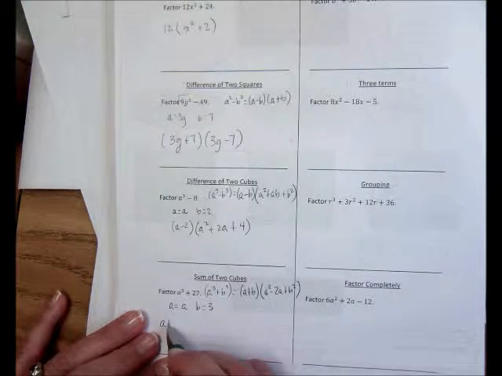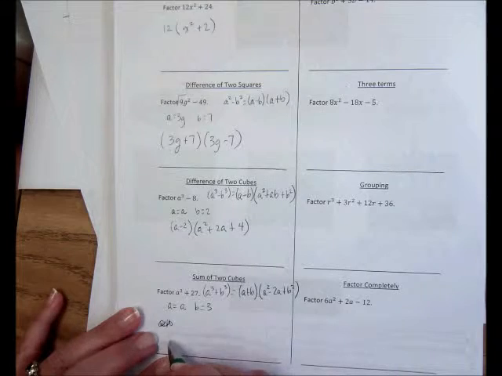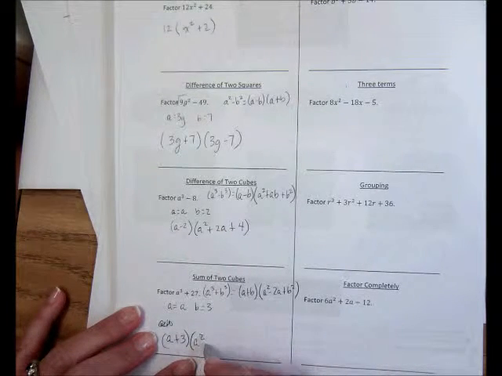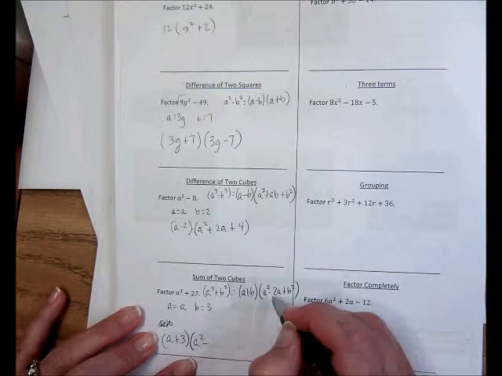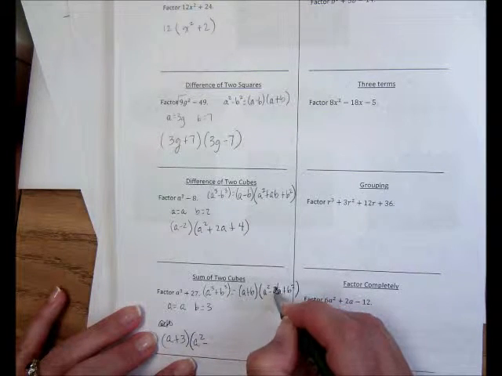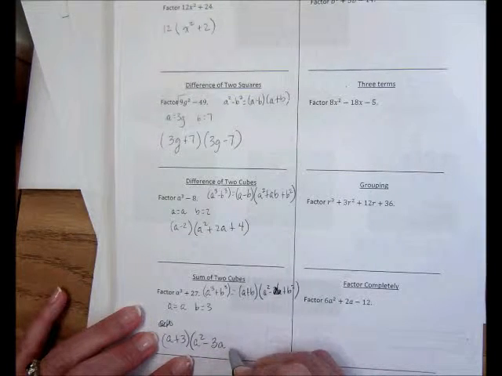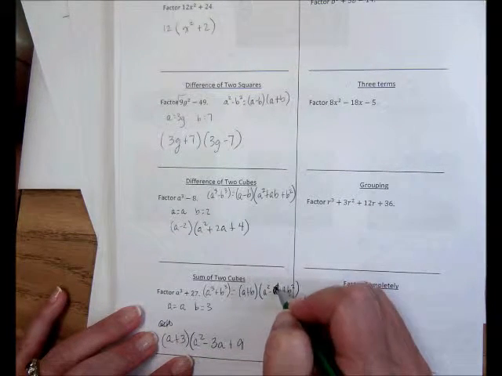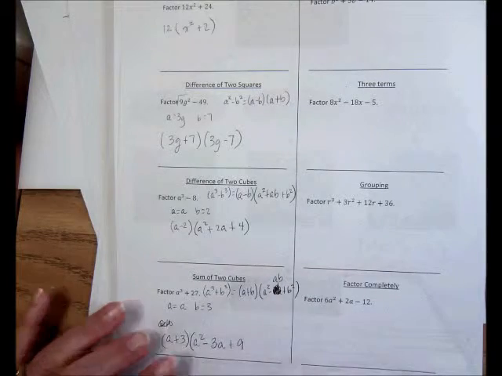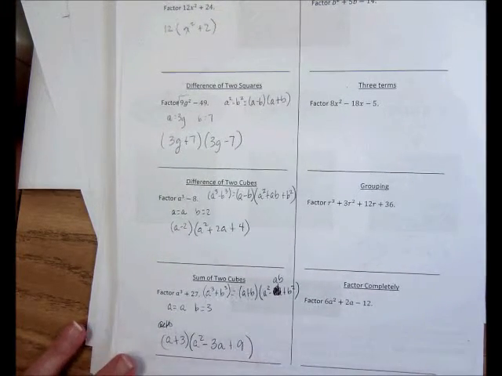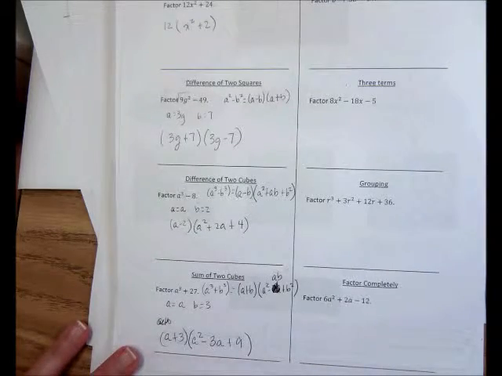So I have a plus 3 times a squared minus 3a plus 9. I apologize, that middle term is a times b. You can look at the formula at the front of the sheet, and so that is your final answer.